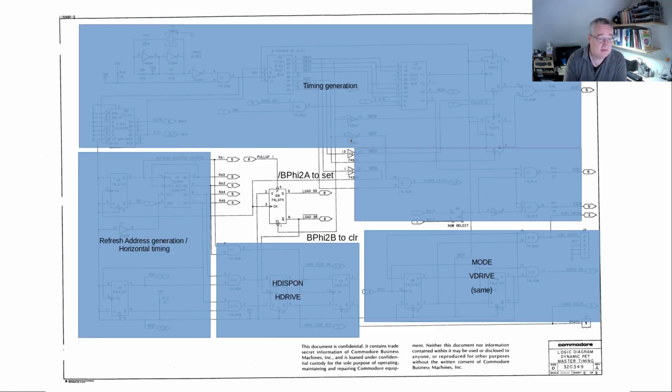If we go back, you see this is a data flip-flop now. It's not a JK flip-flop anymore, but they started putting in data flip-flops here. So it's on the rising edge of the clock, which is actually phase 2A inverted.